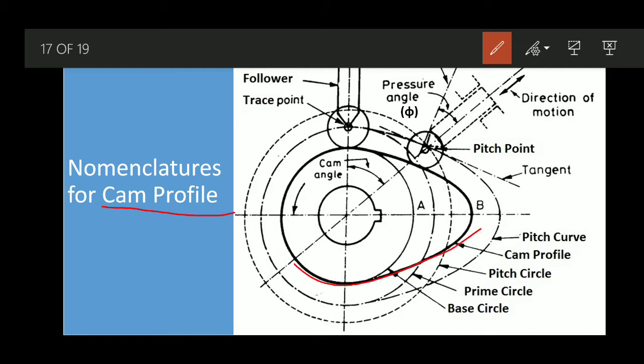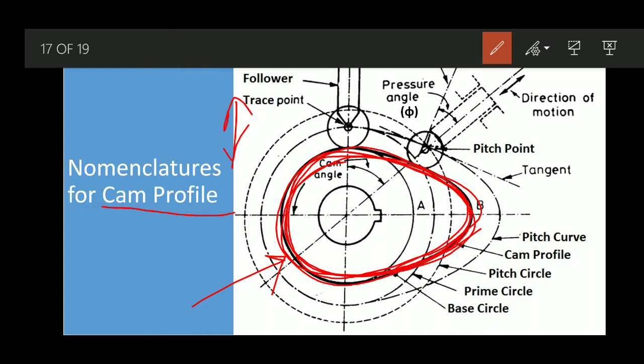Here you can see this dark one, this is the cam profile. As you already know, the cam and follower surfaces are always in constant contact. So this is the actual working surface of the cam, as this particular shape actually gives rise to whatever movement we get in the follower. So this is the cam profile.